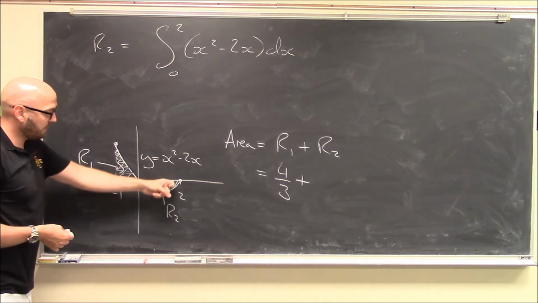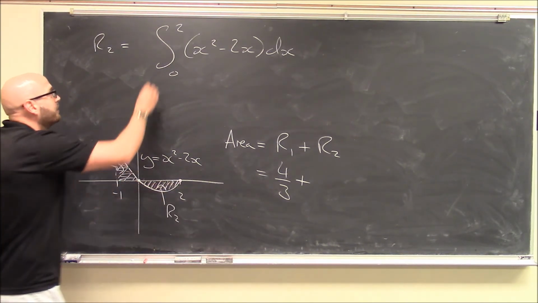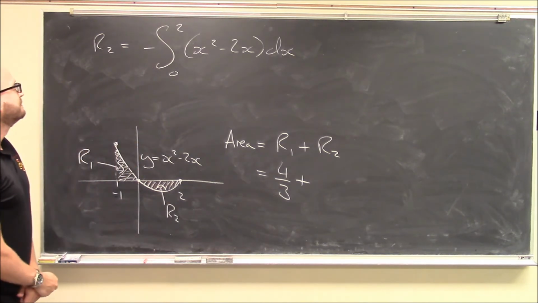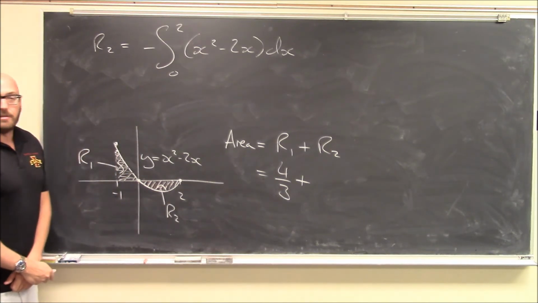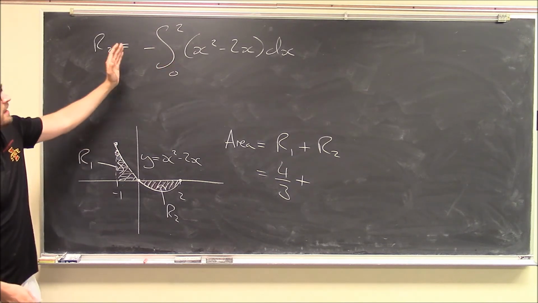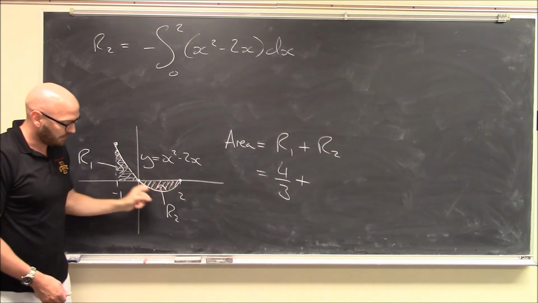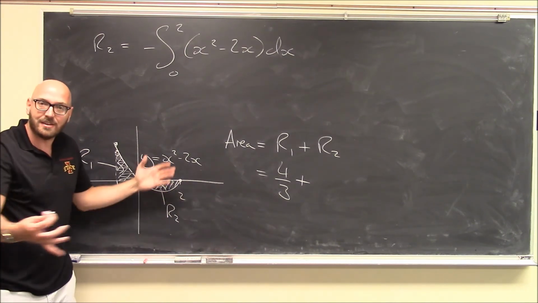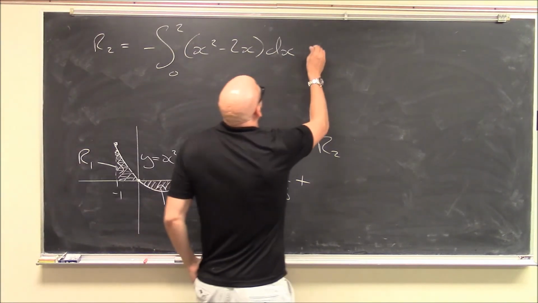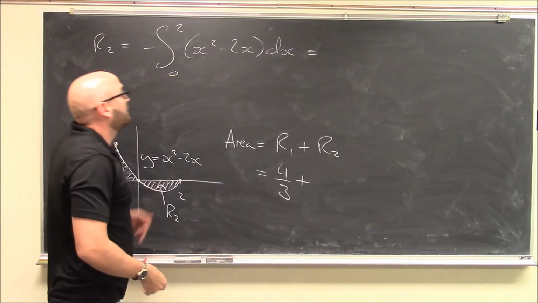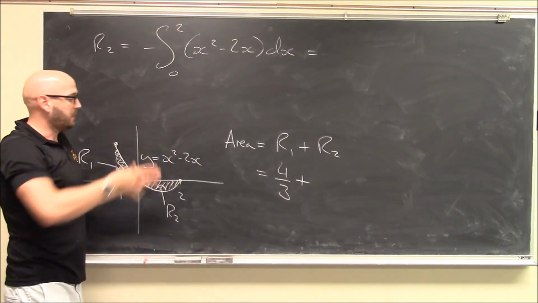Well, if I want this to be positive again, I can just multiply by minus 1. And that's all I have to do. Whatever number I get, multiply the whole thing by minus 1, because I know it's going to be negative at the end of the day. So multiply by minus to make it positive. And that should suffice. Another way you can handle this is think of taking the absolute value of that expression if you want.